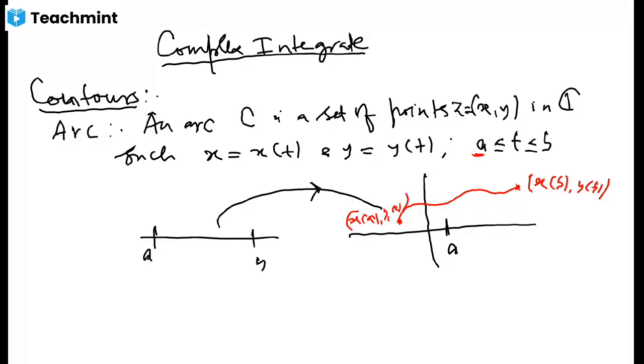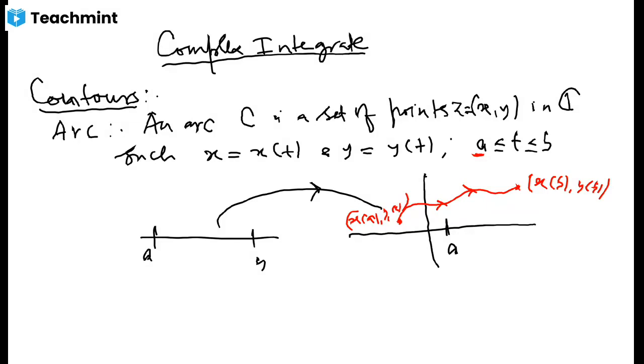So we give it a direction, that this arc is being traveled in this way. So this is an arc. This is a set of kind of functions, and these are not only functions, these are continuous functions.